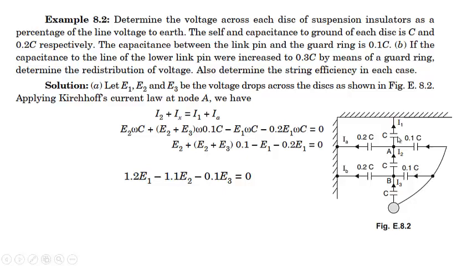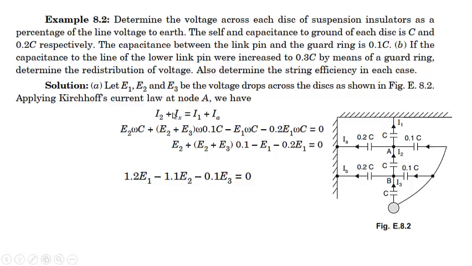Let us first do part A, when this is equal to 0.1C, this is equal to 0.1C. So in that case, let us assume that we have voltage over here E1, we have E2 and we have E3. So in this case, this is the current I2 plus this, let us say this is IX. I2 plus IX is equal to IA plus I1.